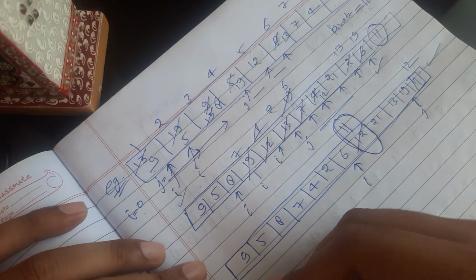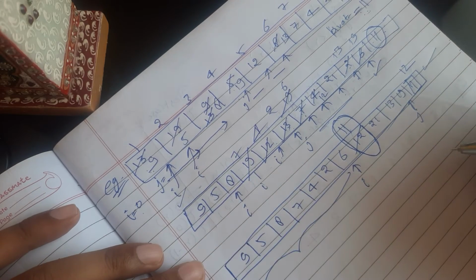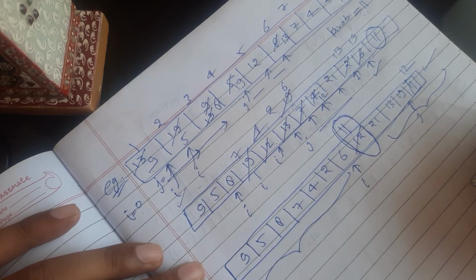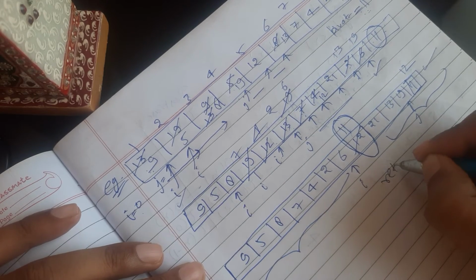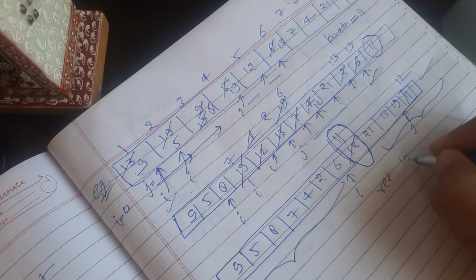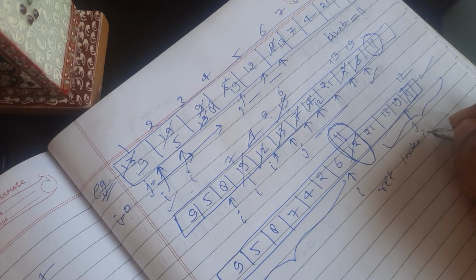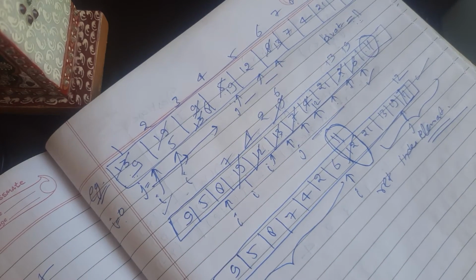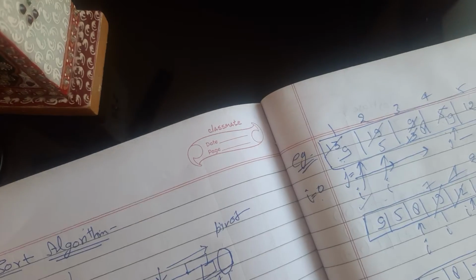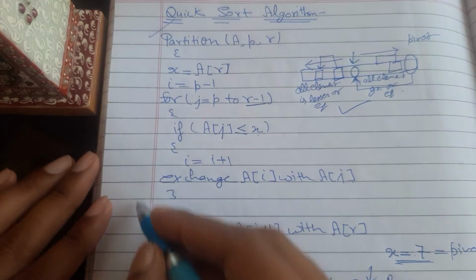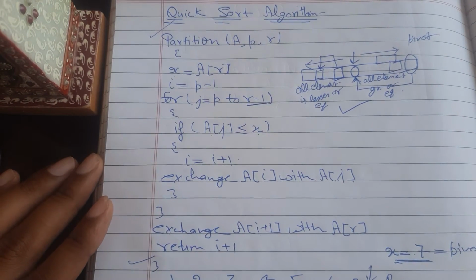All the elements on the left are less than or equal to, and all the elements on the right are greater than or equal to, and it will return the partition index. Okay, so you understand how the partition algorithm works.